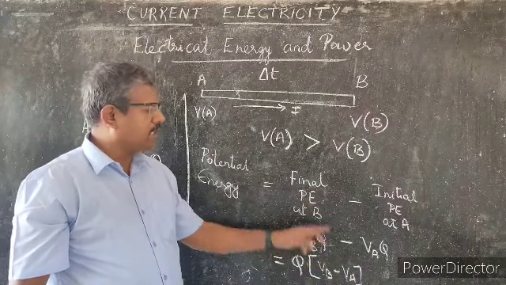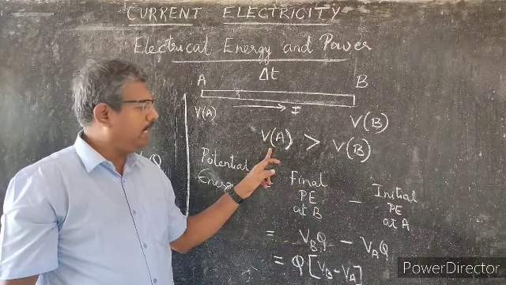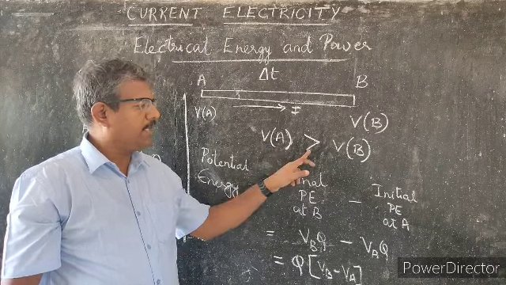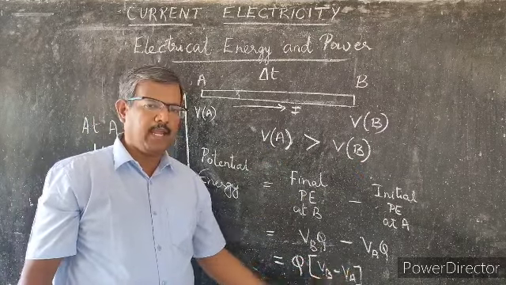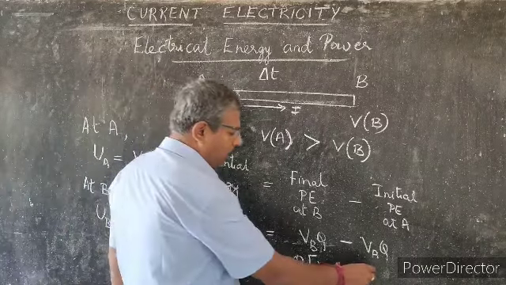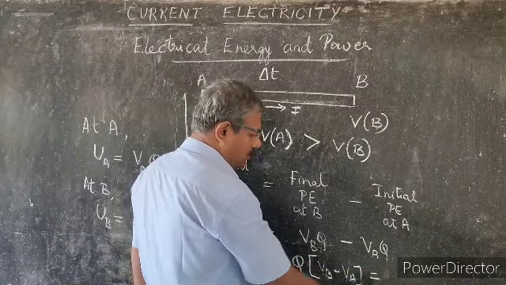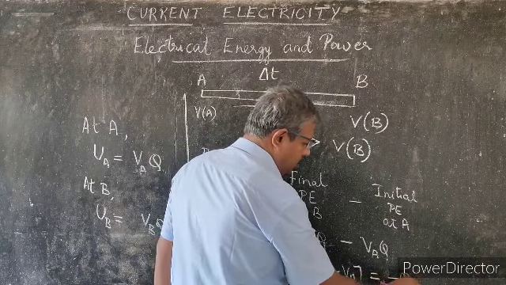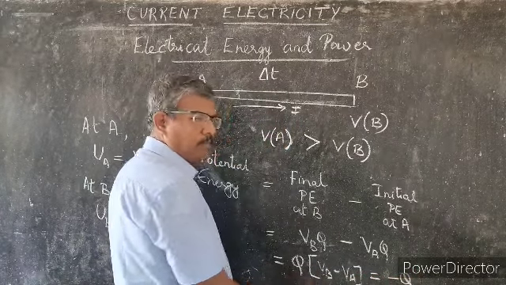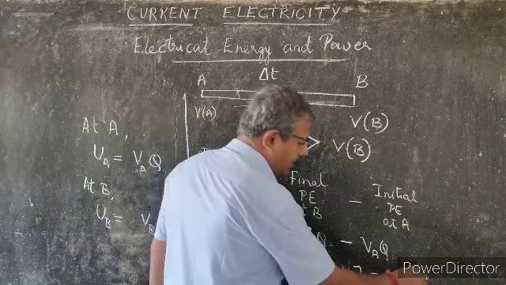But we started off the discussion by stating that VA is greater than VB, which means VB minus VA is a negative quantity. So I get minus Q into the change in voltage.